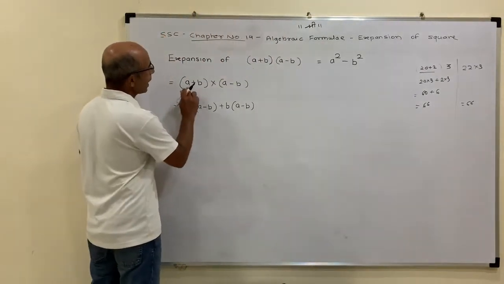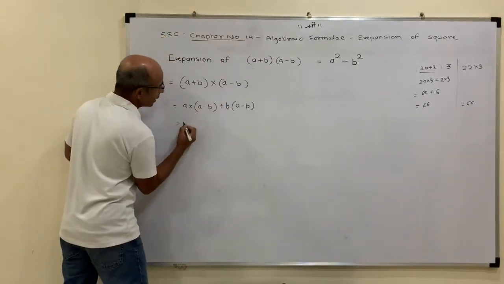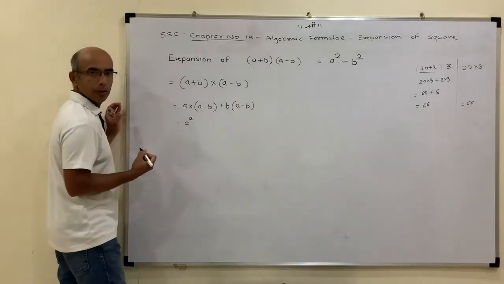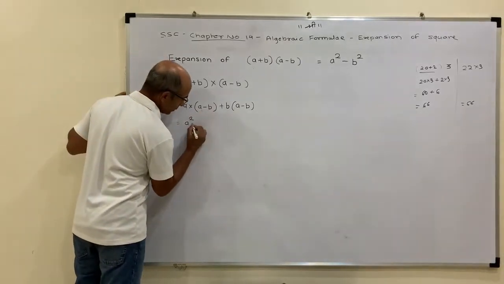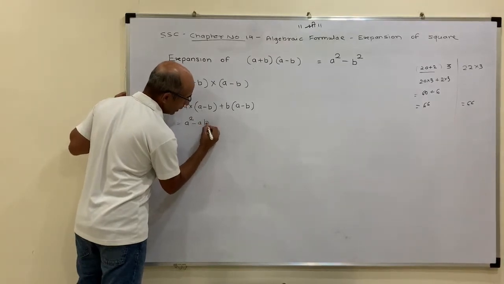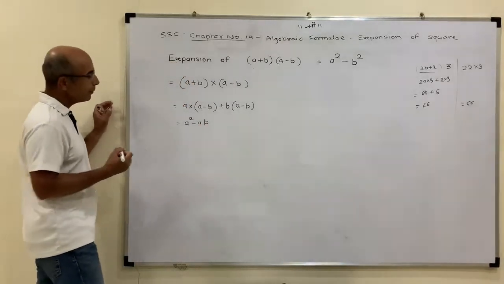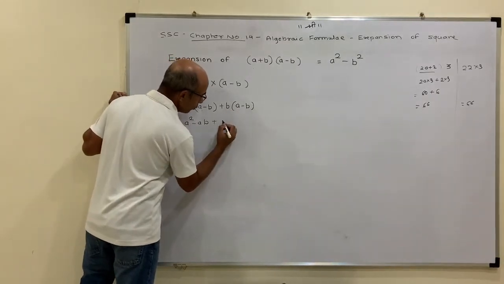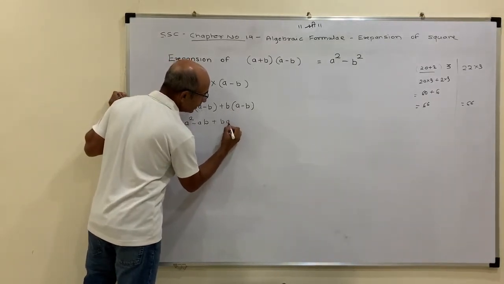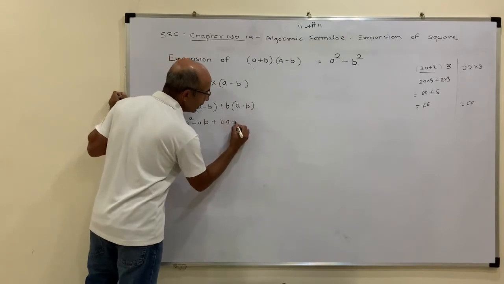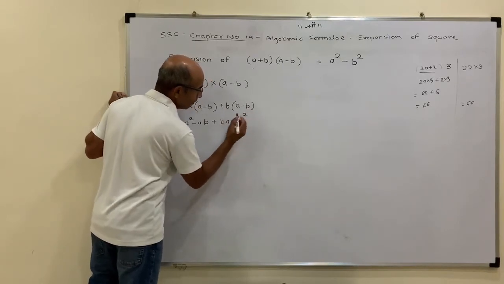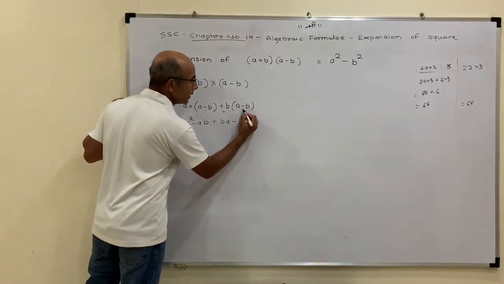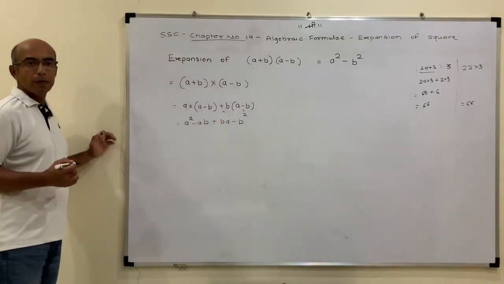So now I am multiplying a. Here it comes a into a, a square, a into minus b, minus ab. Then plus b into a, ba, b into minus b, minus b square. Be careful here. This b has a plus sign, and this b has a minus sign.